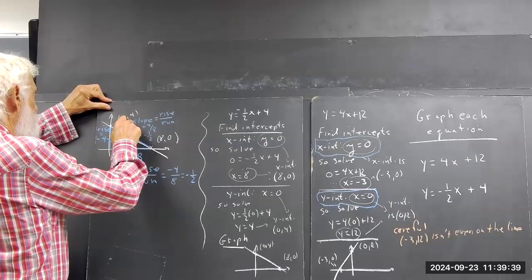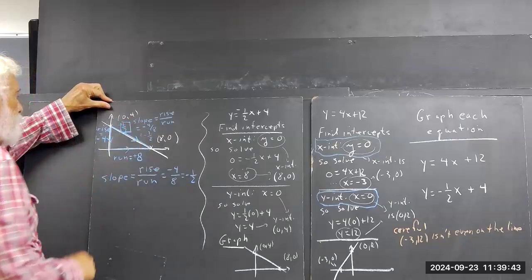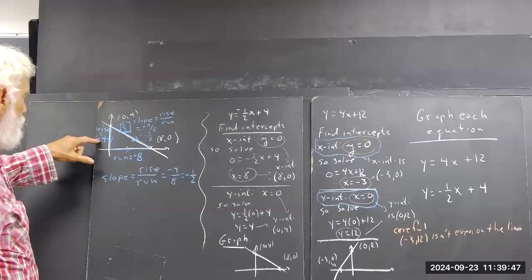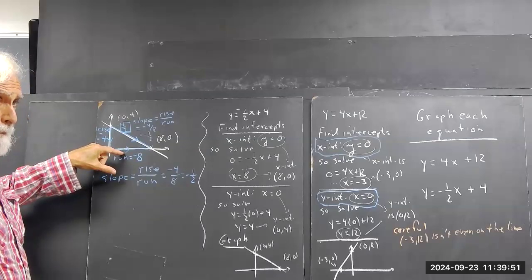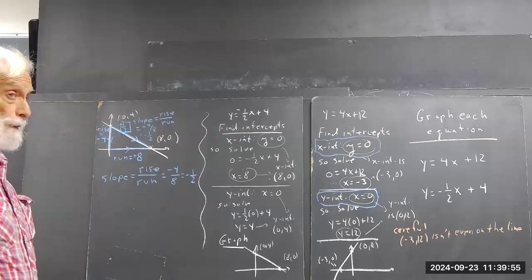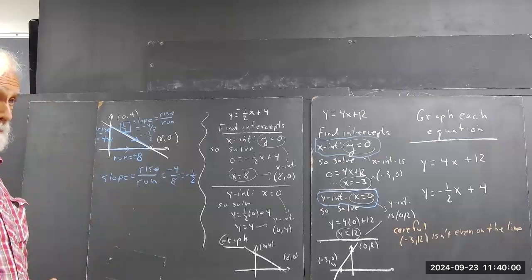Oh shoot, there's a negative sign there. You might not be able to see it. And put a box around it, because a number next to a line means the length of the line. A number with a box around it, in the convention that I like to use, means slope.